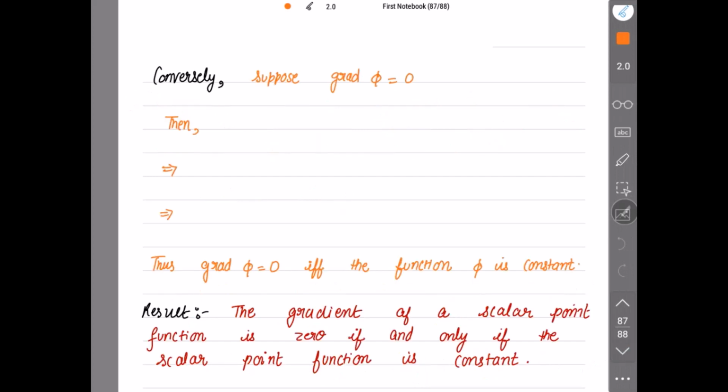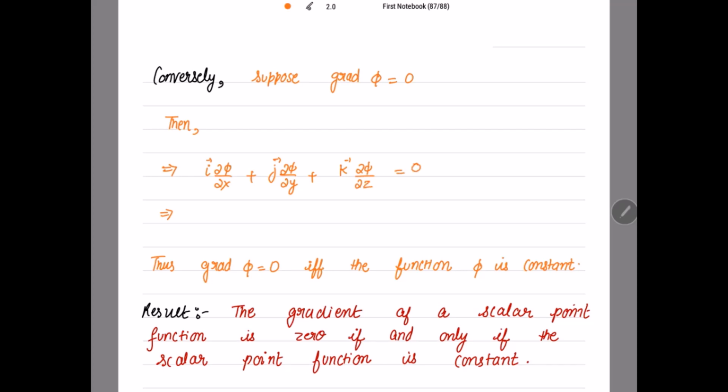Now the converse part. Suppose gradient of phi is 0, which means i del phi by del x plus j del phi by del y plus k del phi by del z is equal to 0.